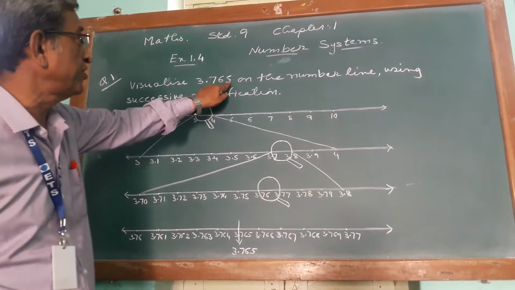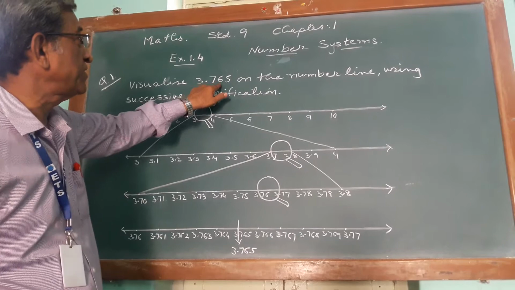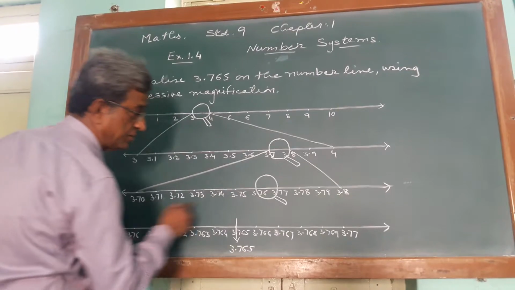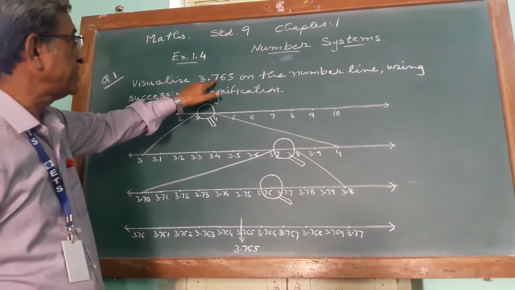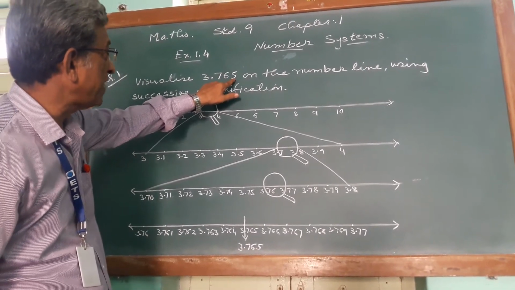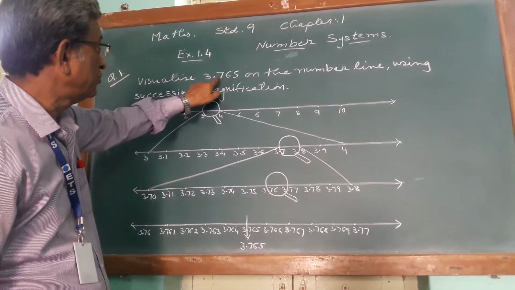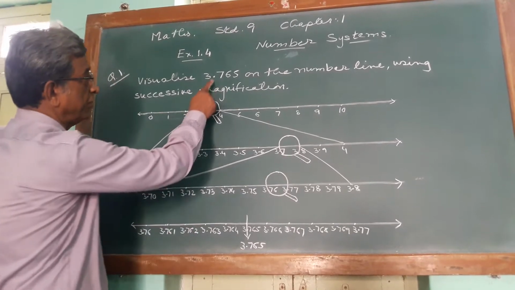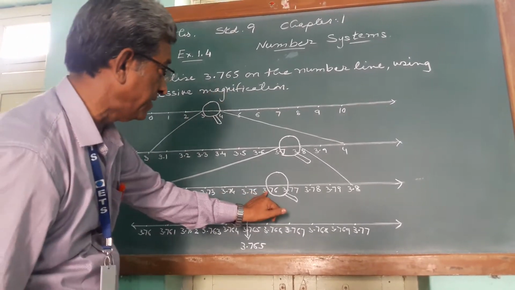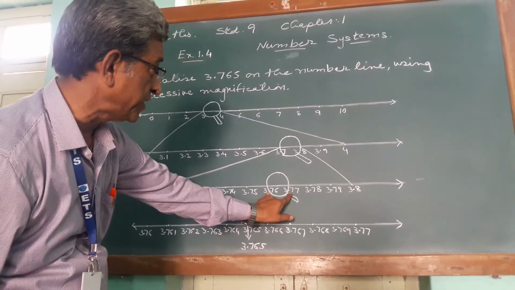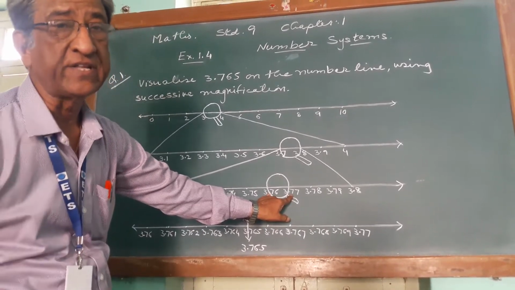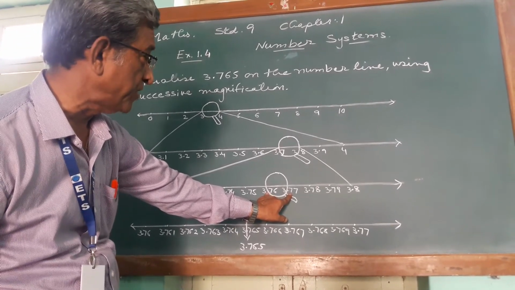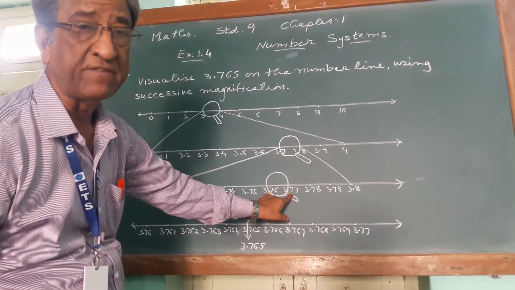Now again for the next digit, 3.765 will lie between which two numbers? You can understand that it lies between 3.76 and 3.77. So again enlarge the region between 3.76 and 3.77.